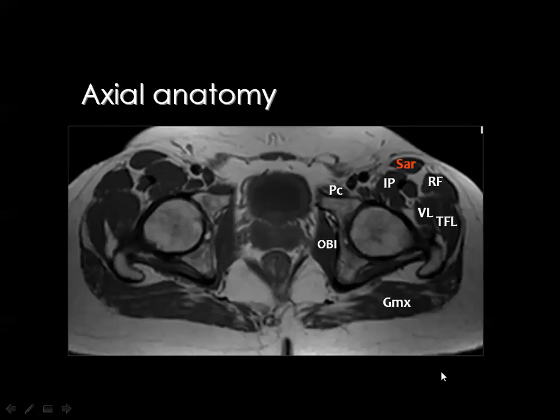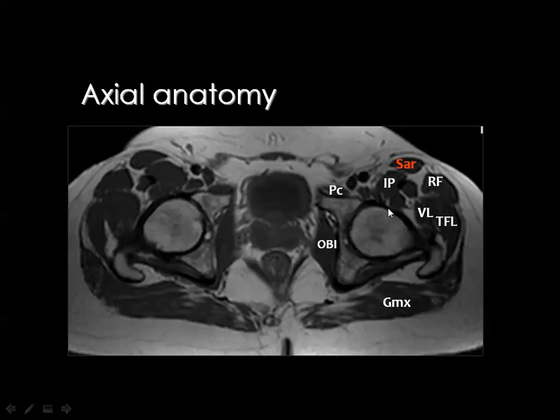And some of the muscles that, let us say, are a little bit important around the hip, like this muscle, which is on the inner aspect of the acetabulum, which is the obturator internus muscle.